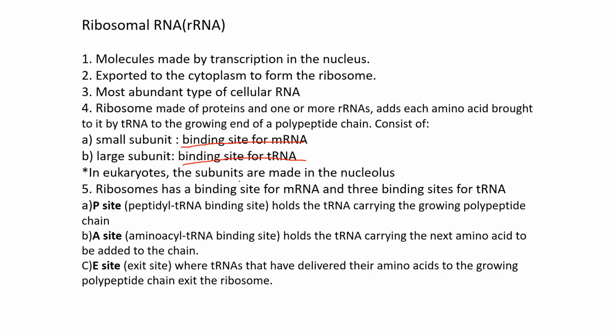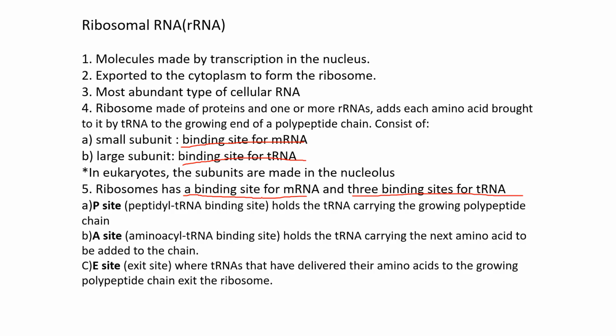Now we focus on eukaryotes. The ribosome has a binding site for mRNA and 3 binding sites for tRNA. The binding site for mRNA can be found on the small subunit, whereas the 3 binding sites for tRNA can be found on the large subunit.